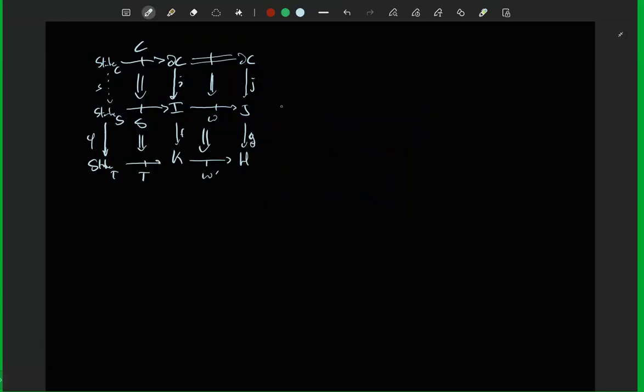First, I could get the combined behavior up top, and then take the combined homomorphism down here, and then I could compose them vertically.